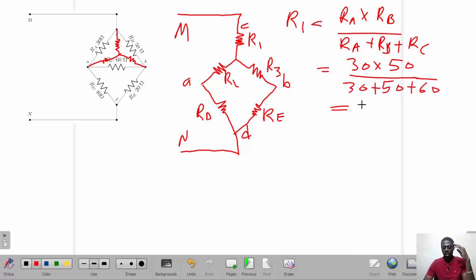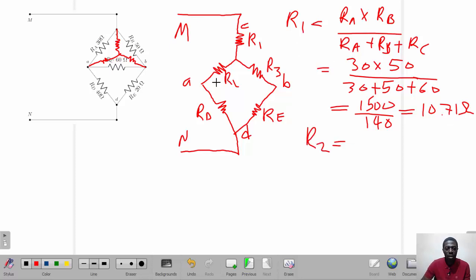And this is gonna give me 15. The base is 140, and this gives me 10.71 ohms.